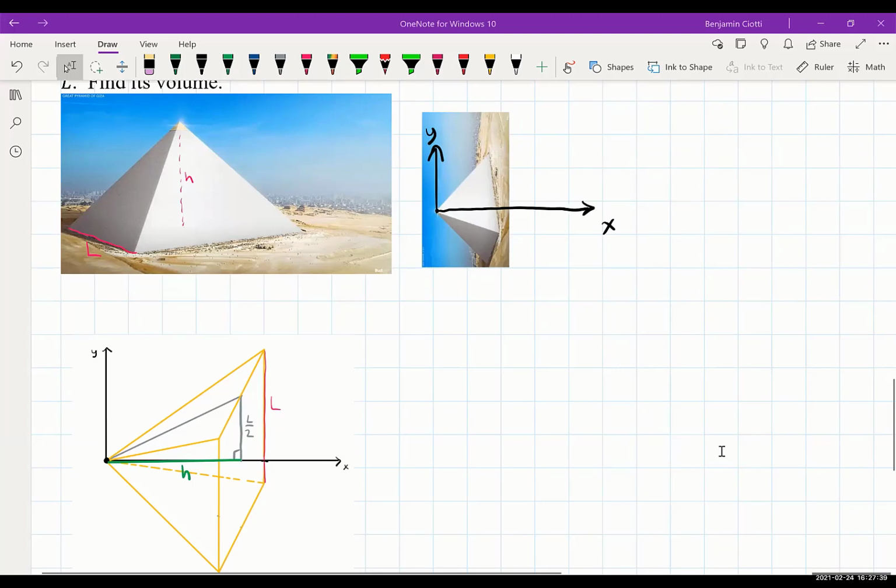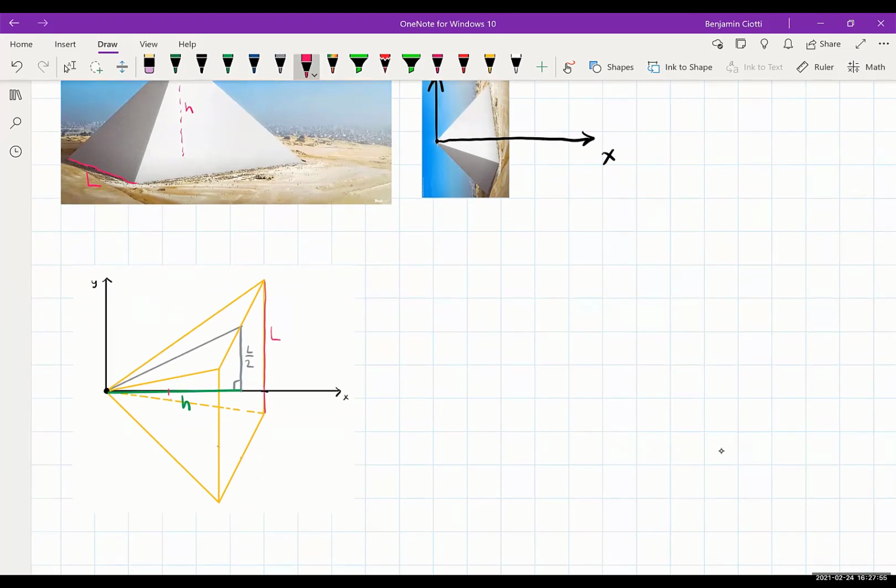Since we're integrating in the x direction, let me choose some point on the x-axis. Let's say a point right here, at some point x.